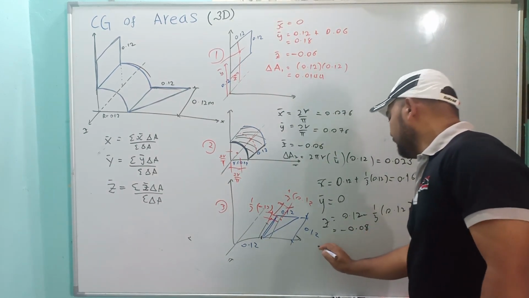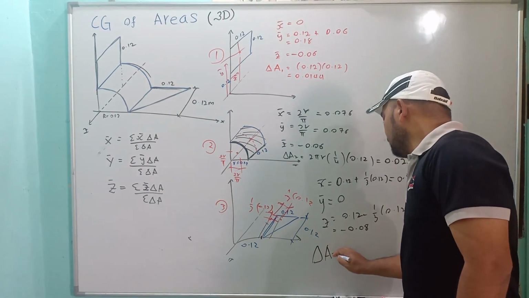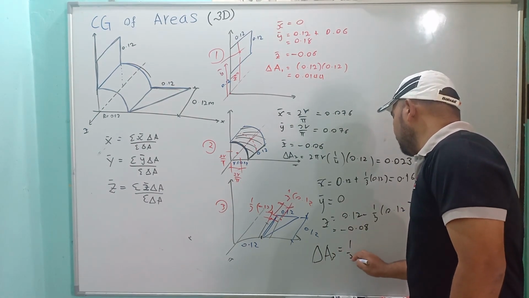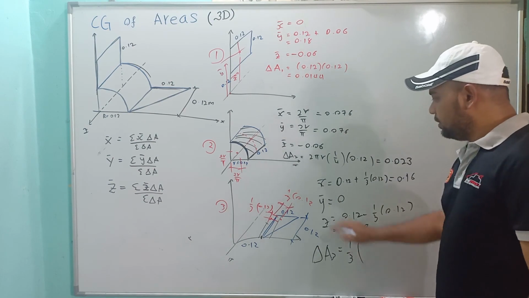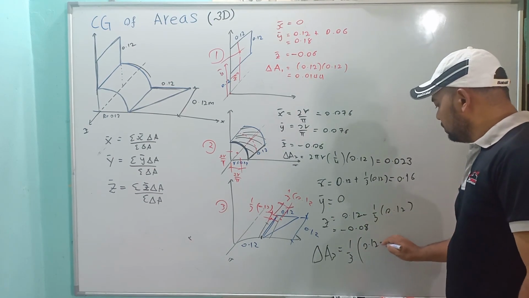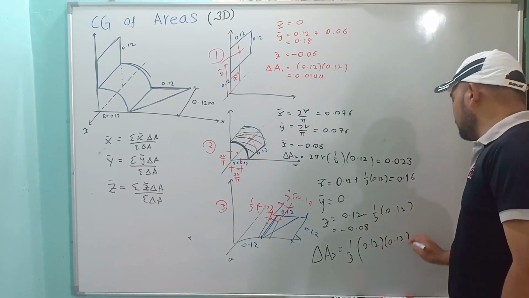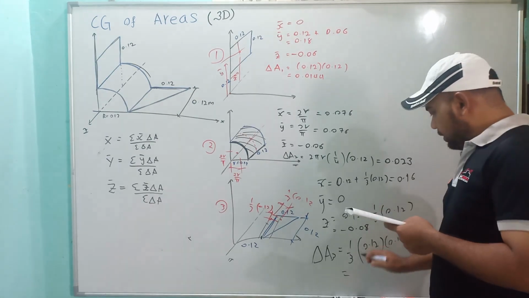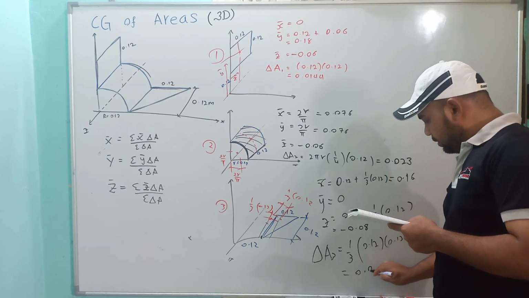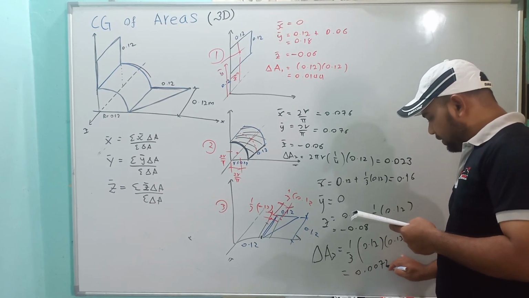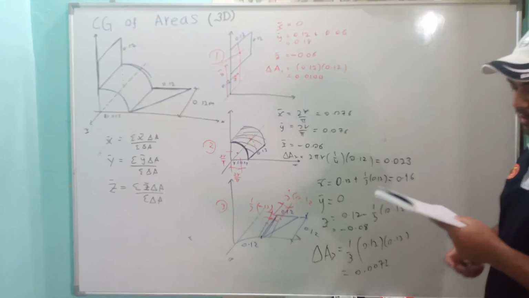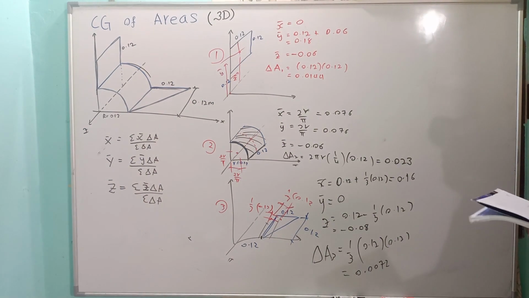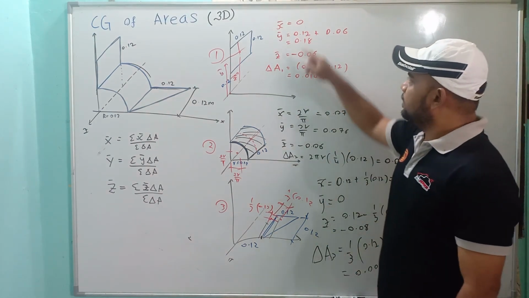And then the delta A3 is equal to half. It is a triangle, so half times 0.12 times 0.12, and you get 0.0072. Okay, so you have all the information, but you need to do it one by one again.